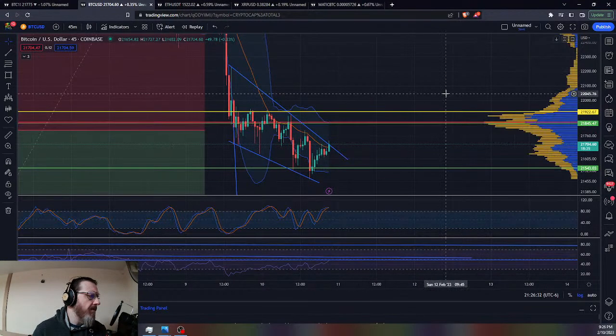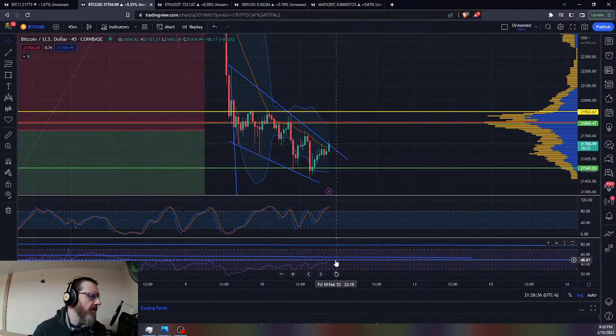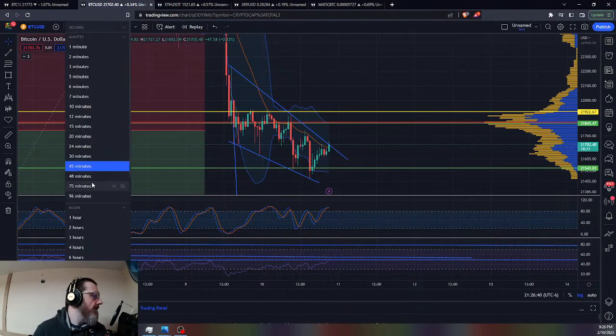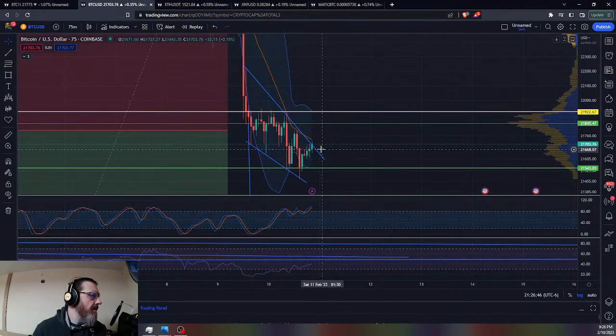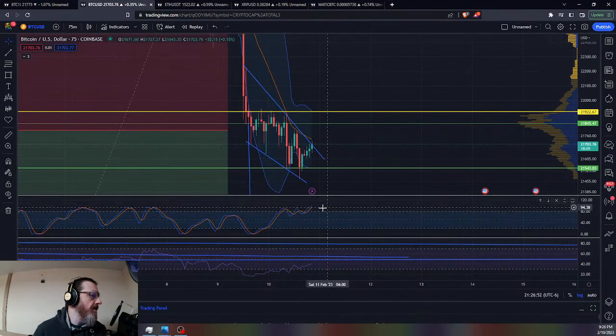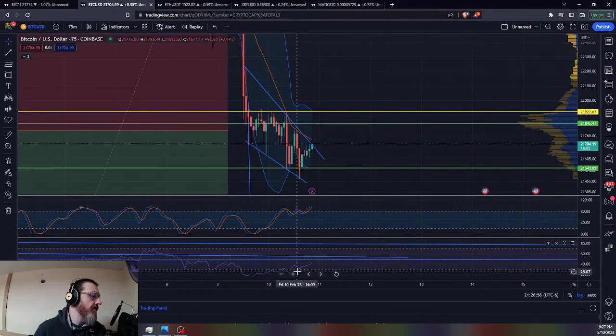I'm going to swing out to the 45-minute. A similar picture here, except we've got the RSI just below the 50 level, so we're trying to gain momentum there. 75-minute candle building momentum above. You've got the middle Bollinger Band above that falling wedge. Stochastics RSI is in the overbought territory, showing strength.